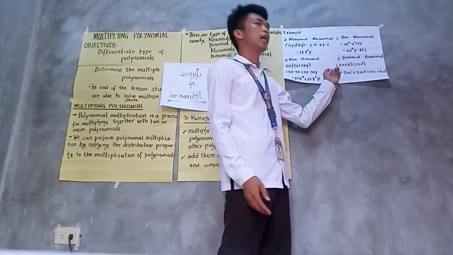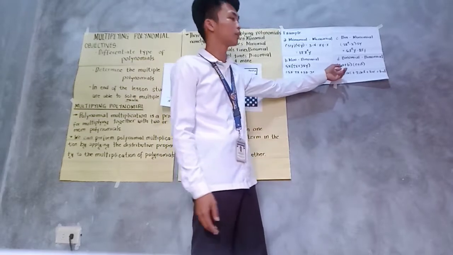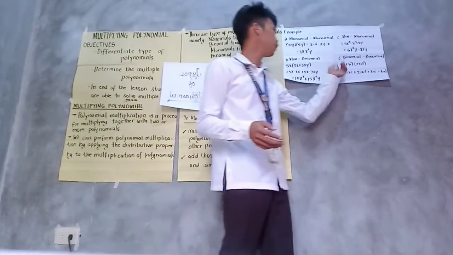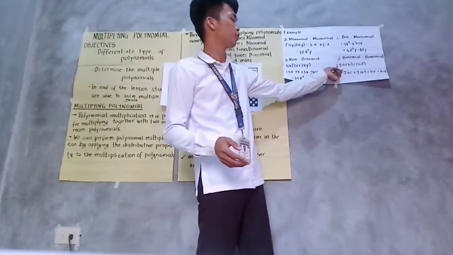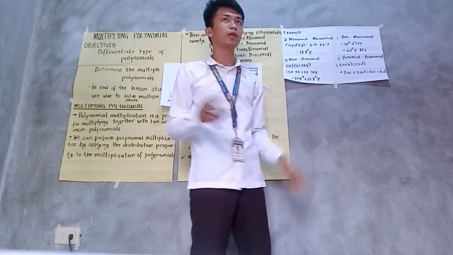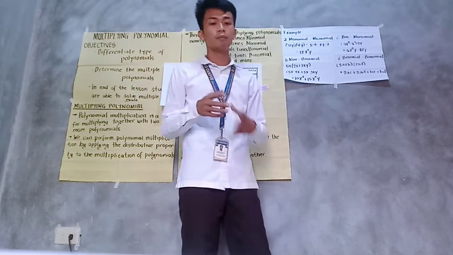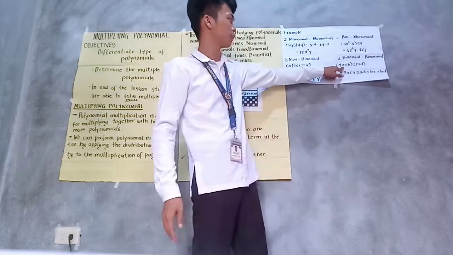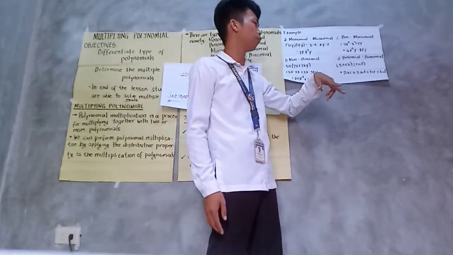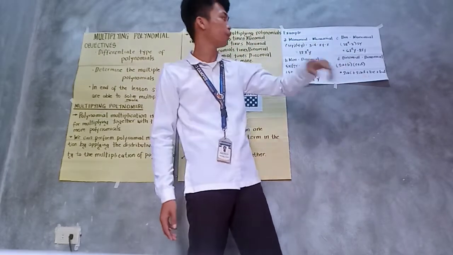For the last example, binomial times binomial. In this case, we can use the FOIL method to make it easy to solve. Now, let's apply the FOIL method. The first: the first term of the first binomial, which is 2a, and the first term of the second binomial is c.